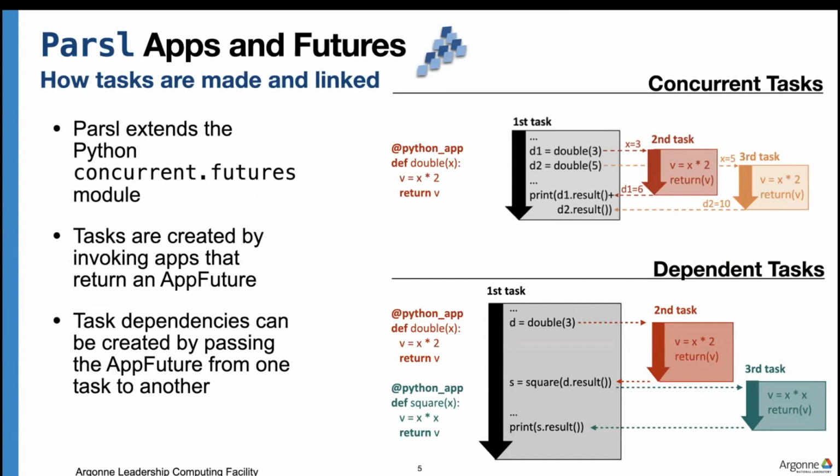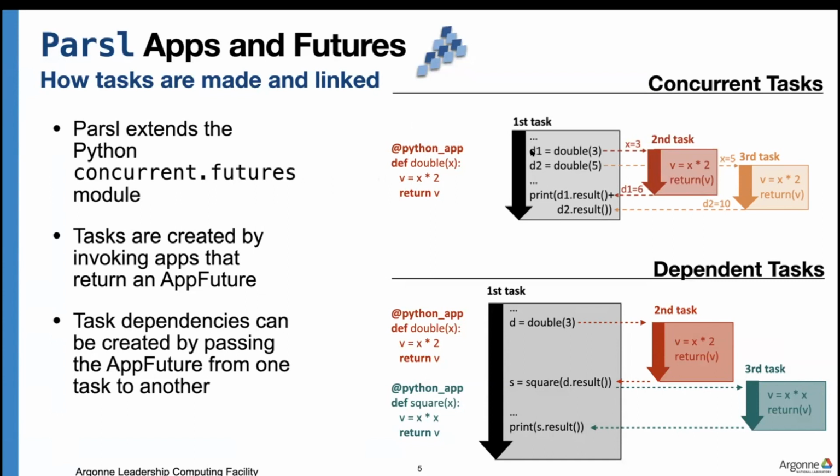So as I described, these apps will return a future object. And so here's a little example. This is a little function. It doubles a number and returns the result. And it has this decorator on top of it, python_app, which tells you that it's a Parcel Python app.